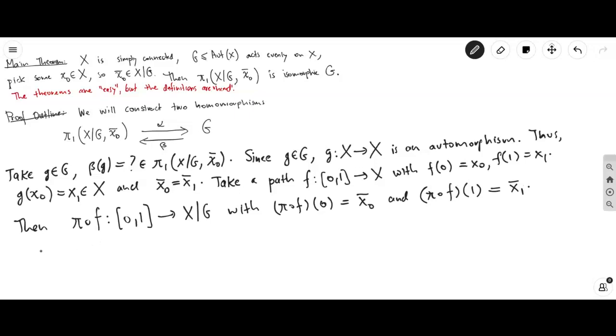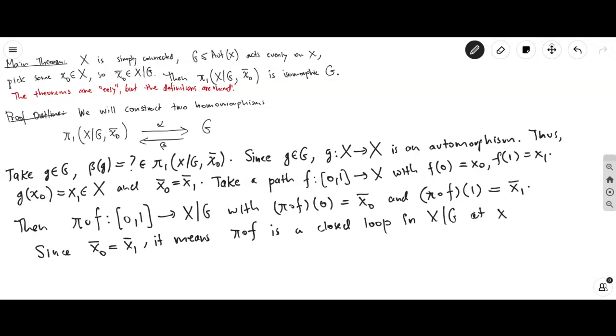But these are the same. So since x0 bar is equal to x1 bar, it means pi composed with f is a closed loop in the quotient, and it's at the point x0 bar. So thus, we're going to define the beta map by taking an automorphism and assigning it to this class.